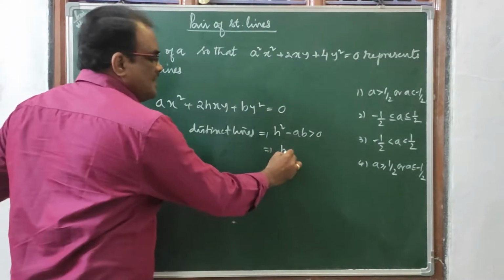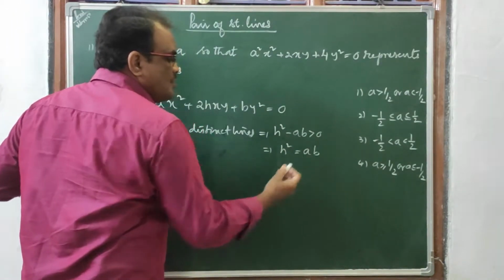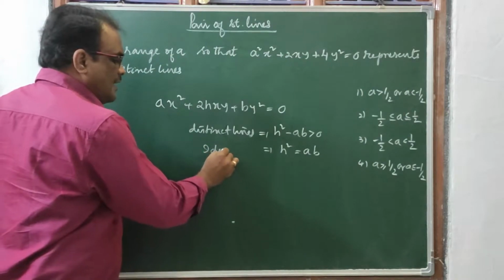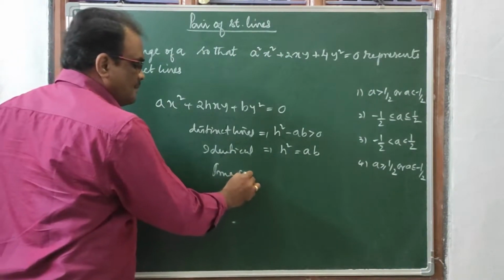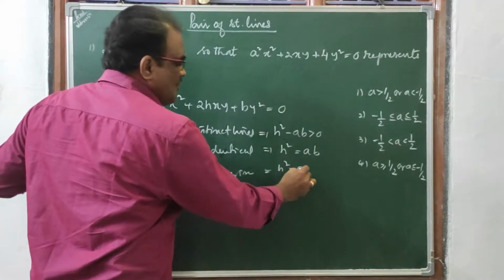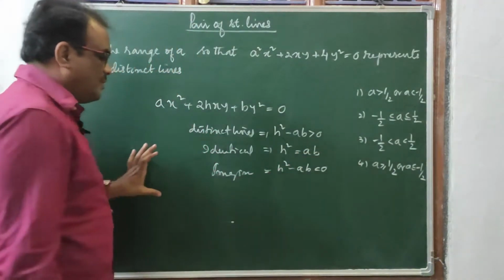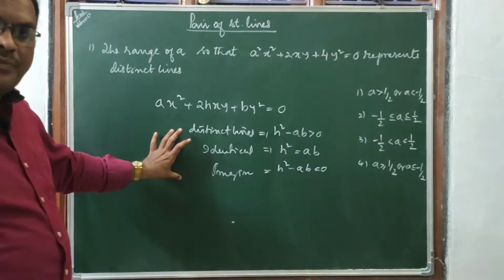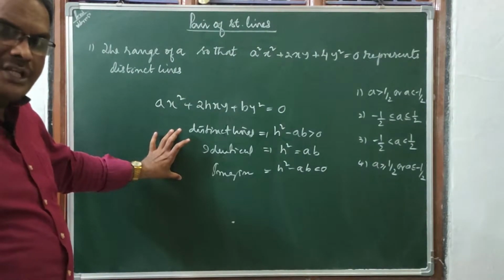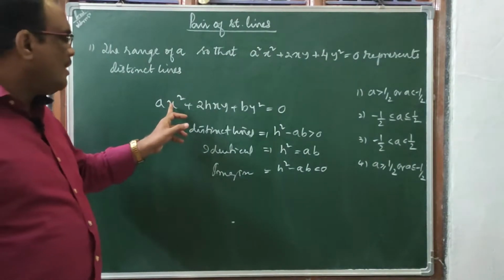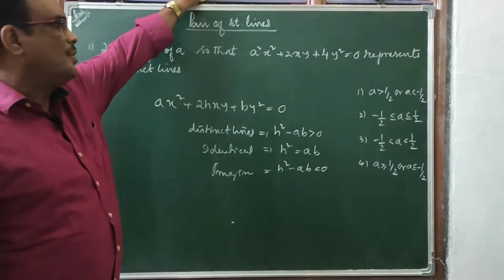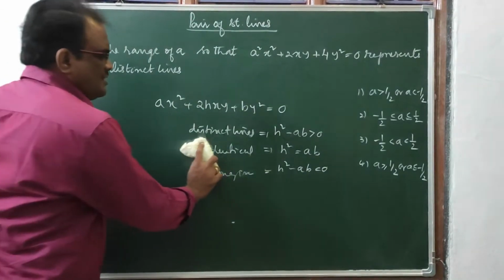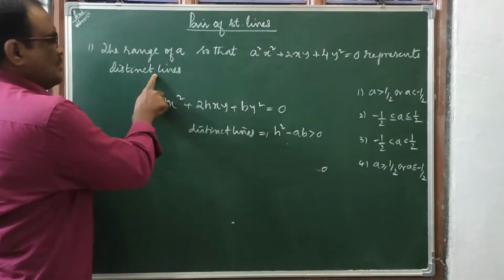Identical lines: h² = ab. Imaginary lines: h² - ab < 0. These are the conditions for the homogeneous equation of the form ax² + 2hxy + by² = 0.